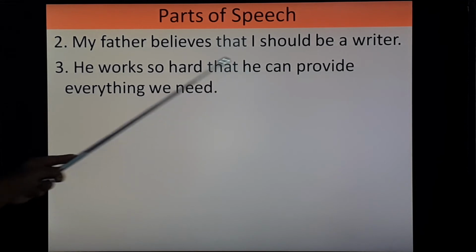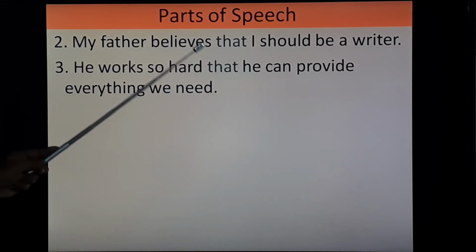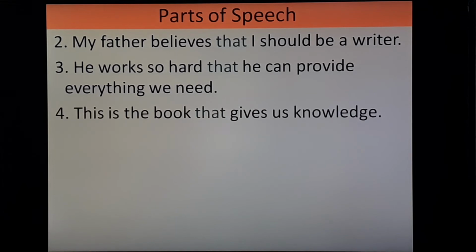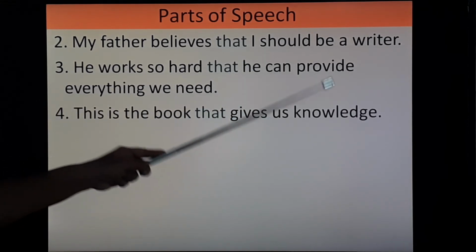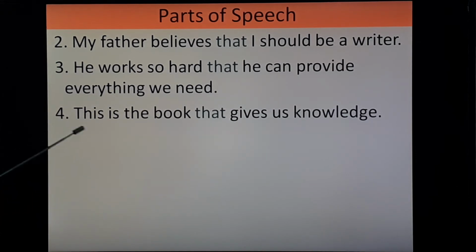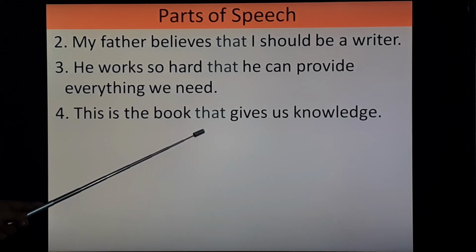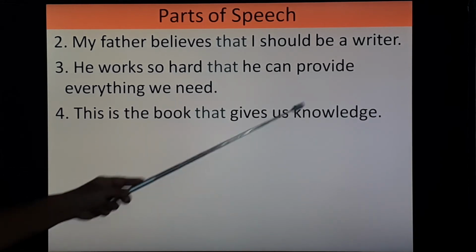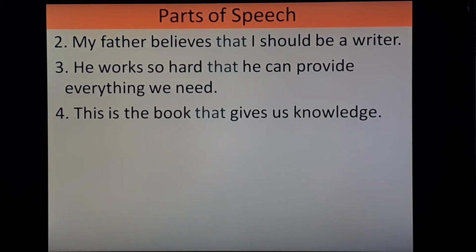Again, more information is given after writing "that." This is the book that gives us knowledge. Here, "this is the book" is the main clause, "that" is the subordinating conjunction, and "gives us knowledge" is the subordinate clause.